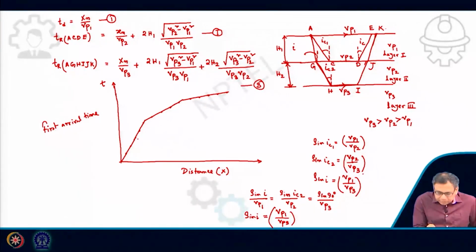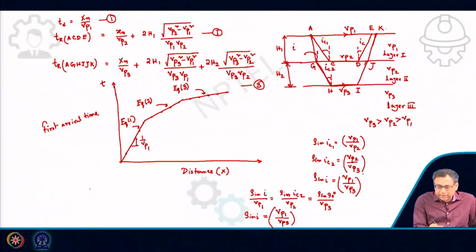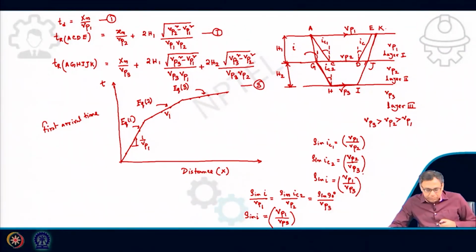Now here this is equation number 1, this is equation number 2, and this is equation number 3. Okay. So, the slope of this first portion will give me VP1, that is the direct one. And the slope of this one will give me 1 by VP2.